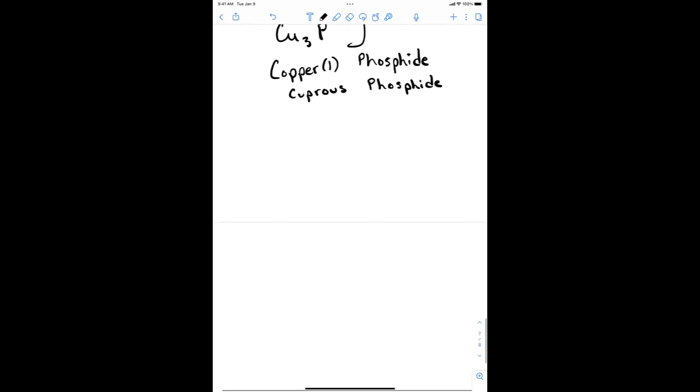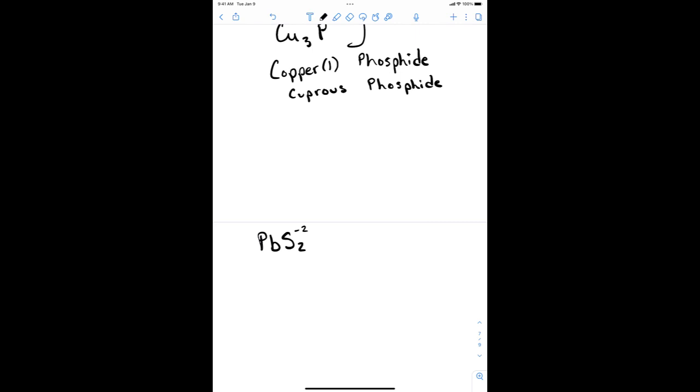All right, let's do one more example. We can do PbS2. Okay. Lead, again, is one of those metals. It's not a transition metal, but it can have more than one charge. And so we need to use our sulfur to help us figure it out. The charge on sulfur is -2 because it's in group 6A.